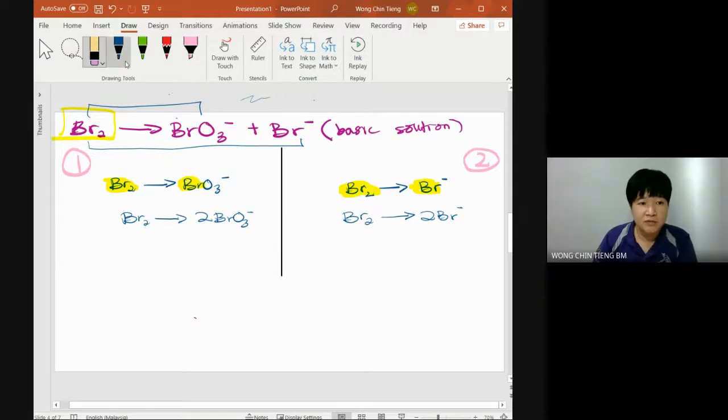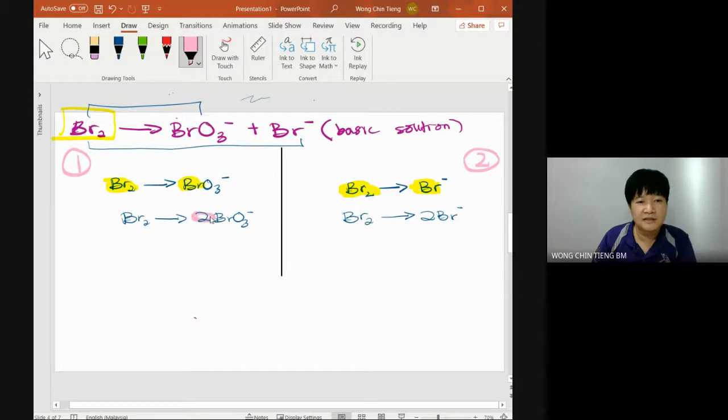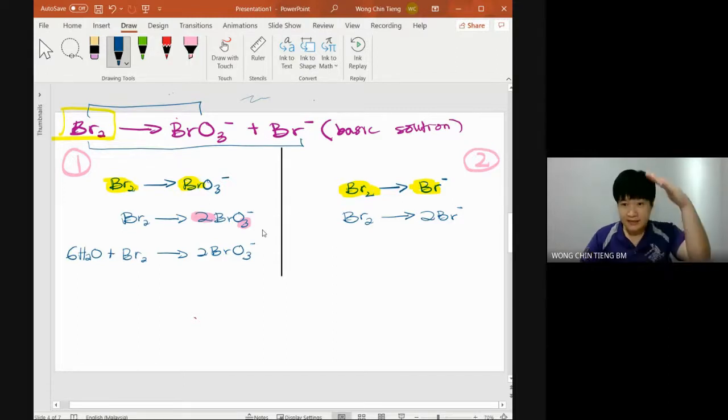So how many water do we add? 2. Just 2? No, 6. Be careful, this is a place where people are often careless. We add 6 water because what is not enough is not 2, it is 6. 6 times 3, you need another 6 water on the opposite side that does not have enough oxygen. The others do not change, they stay. Again, I write it like this because I want you to see the change. You can just add it.